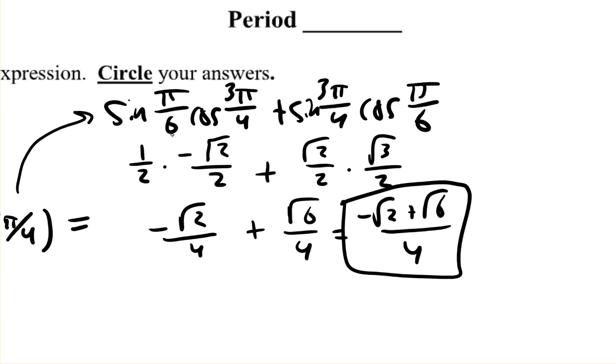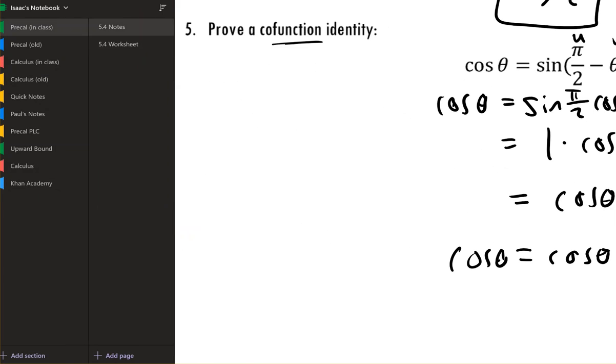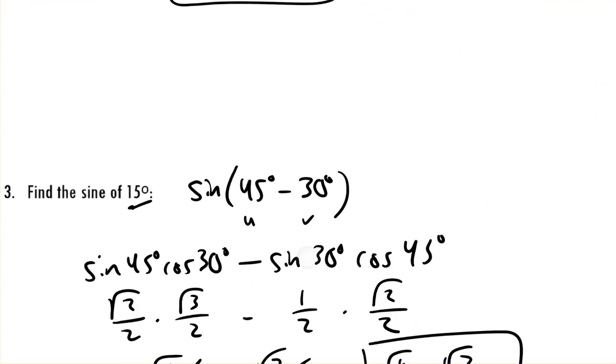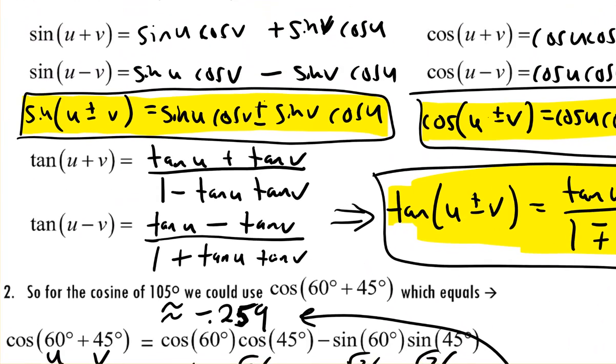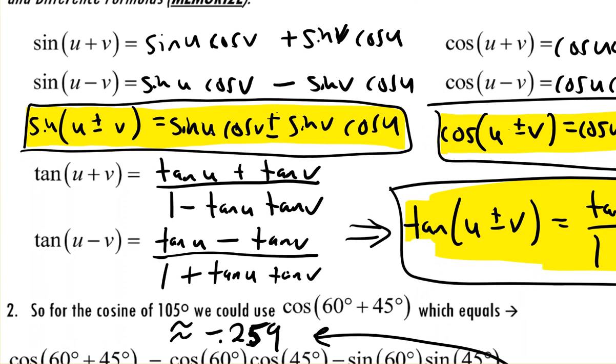It should be sine of the first angle, cosine of the second, sine of the second, cosine of the first. I guess it's possible I wrote that one down wrong, but not here. Cosine of the first, sine of the first, cosine of the second, same sign as over here. Sine of the second, cosine of the first.